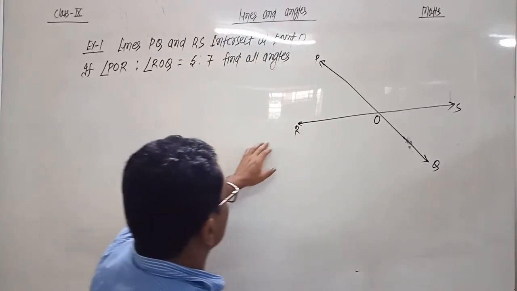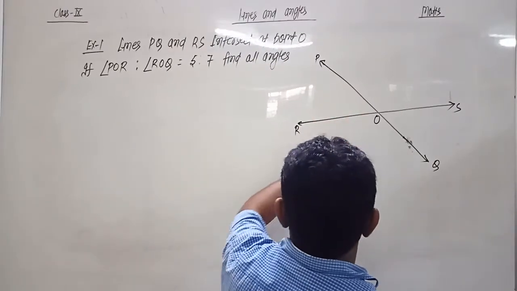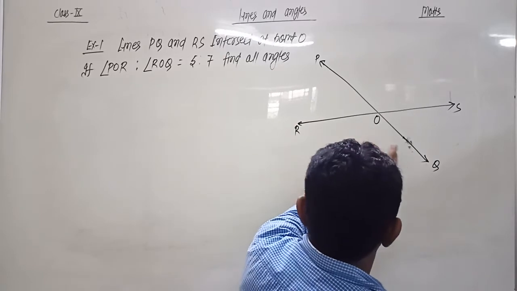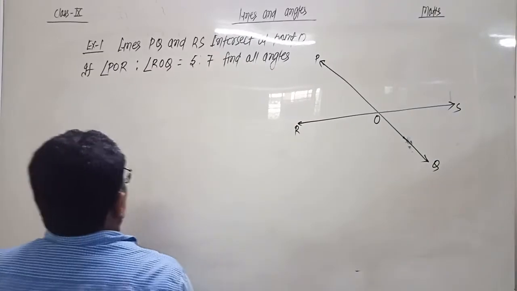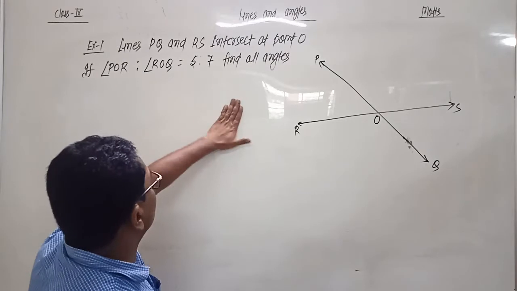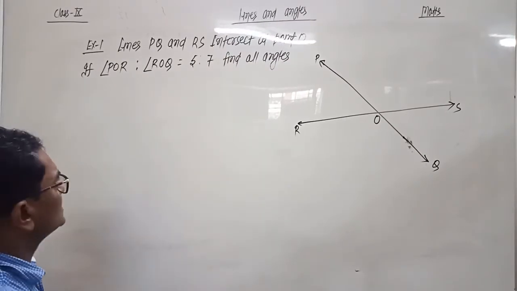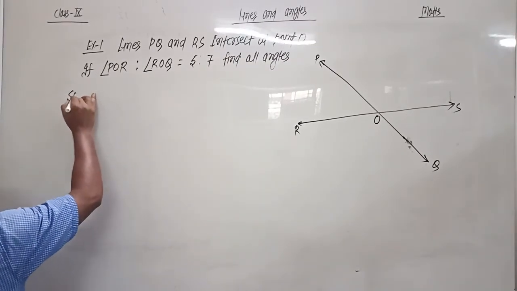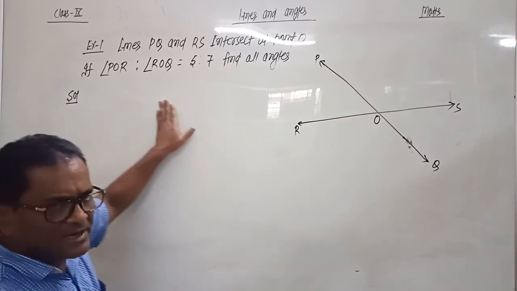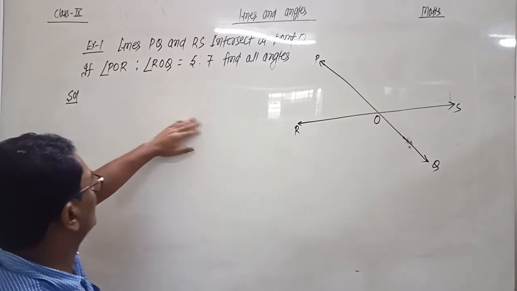We have given the ratio of angle POR and angle ROQ. So if we have given the ratio, then we suppose the angles in terms of a variable.